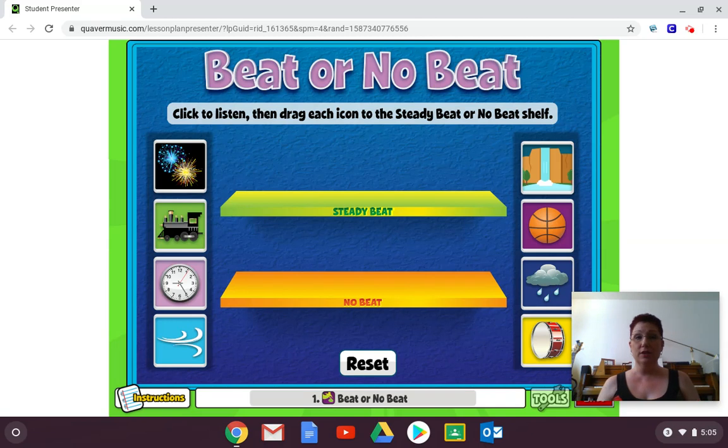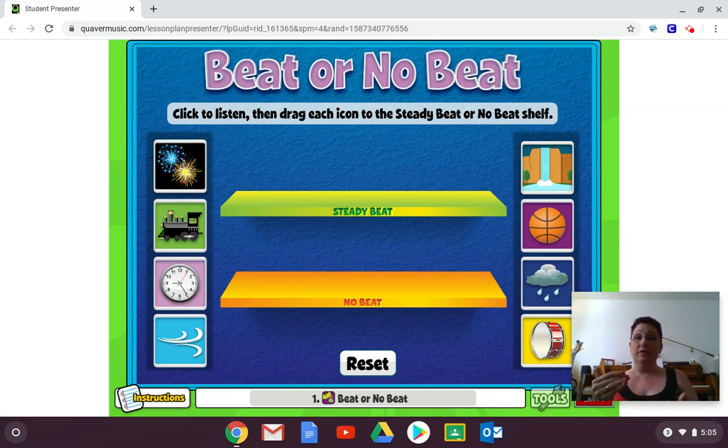We have learned K through part of 3 that our steady beat is called ta, or ta, ta, ta, ta, ta, ta, ta, ta. It's nice and steady. It does not change, right?